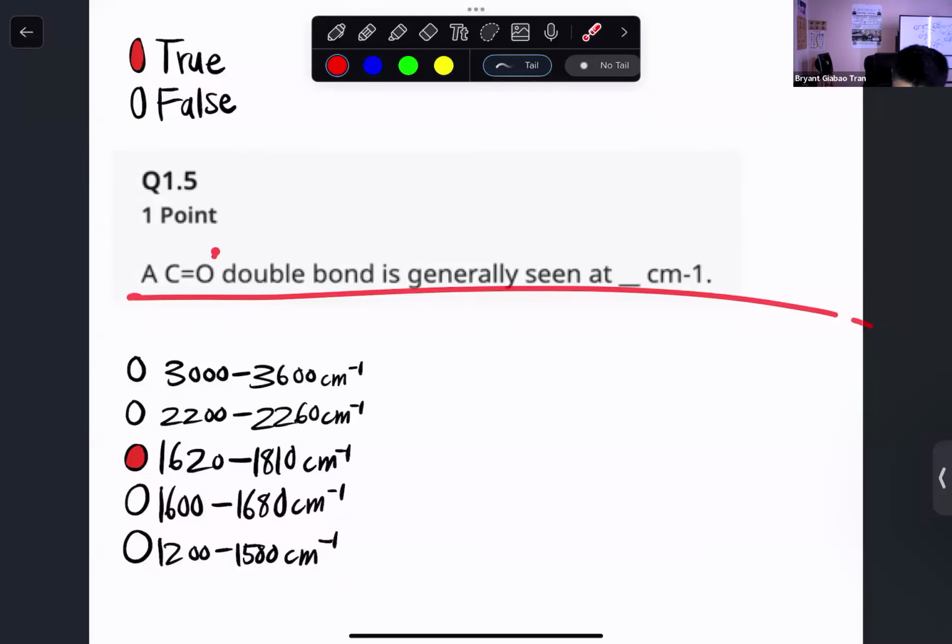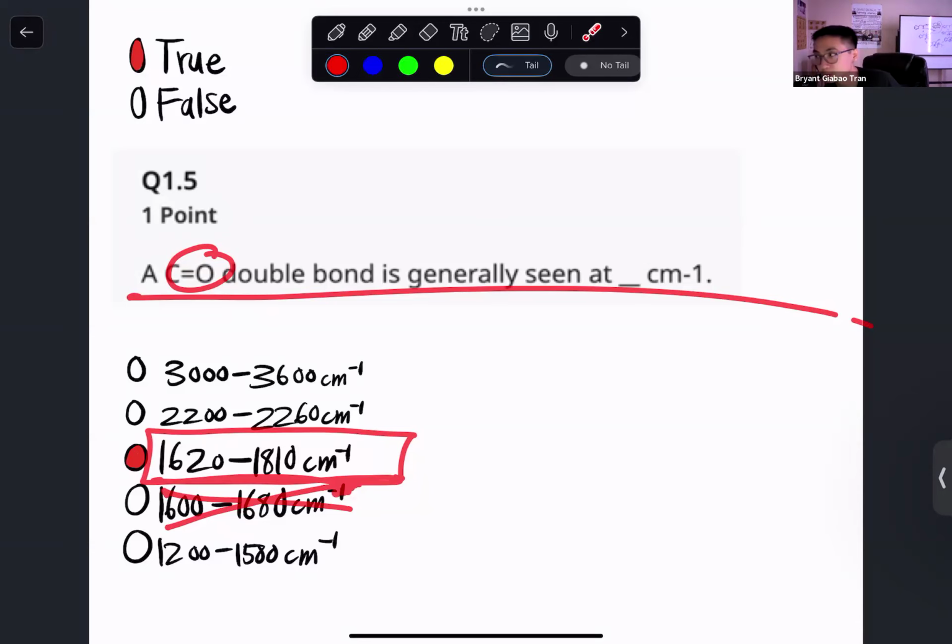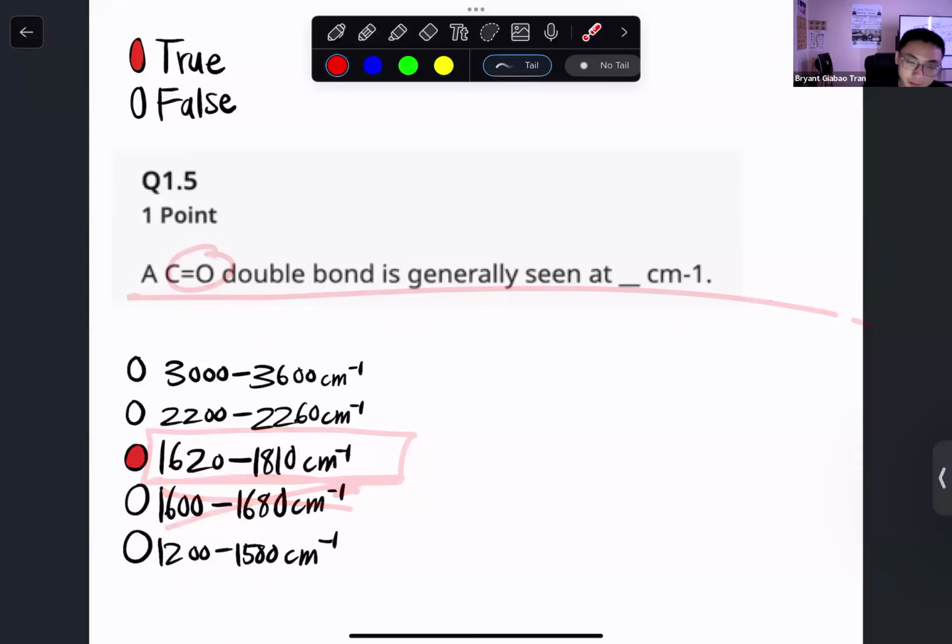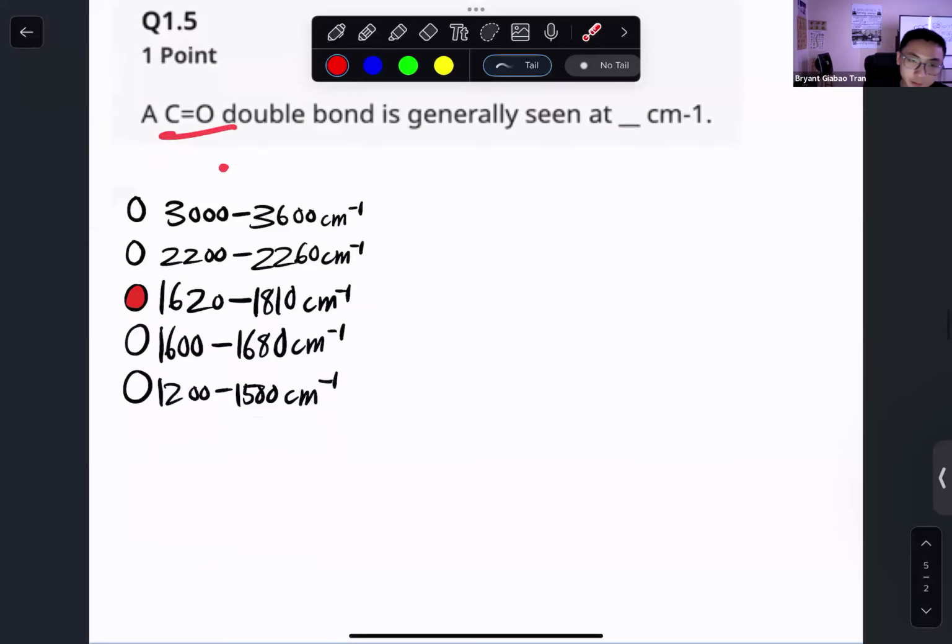This is just the carbonyl bond around 1700, which is this range right here. It's not this answer because that's too low to be the carbon double bond oxygen carbonyl. So this is more like the questions Elisa showed last night, like what would you not expect, where they give you ranges of wavelengths and you have to know which wavelength is too low for a carbonyl.